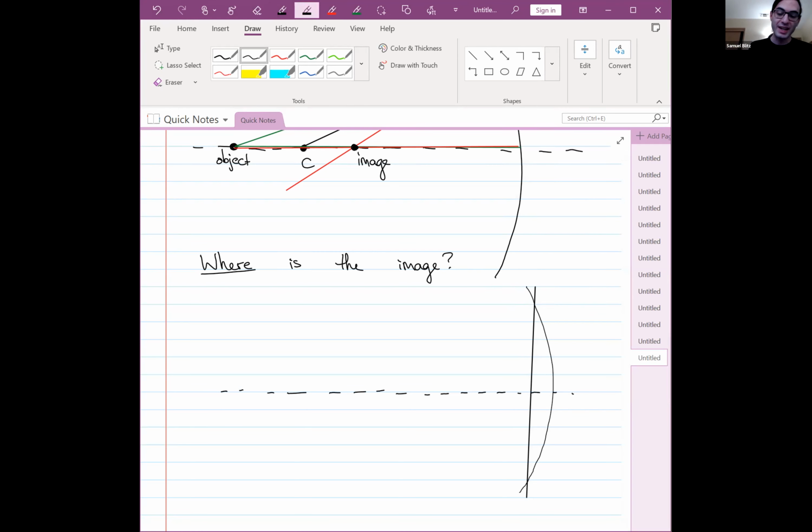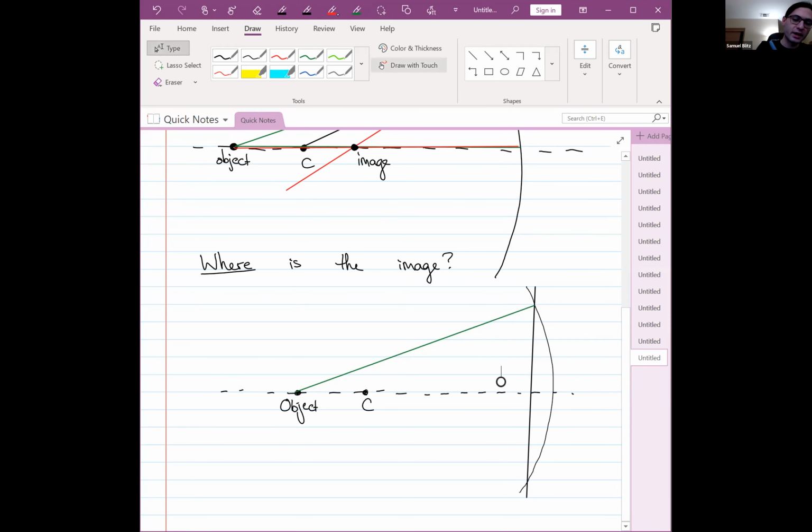This mirror has a center, say here. Here's our center. We're going to put our object here, and we're just going to start doing some geometry. So let's say that we have a ray that comes from the object and bounces off, say, here.